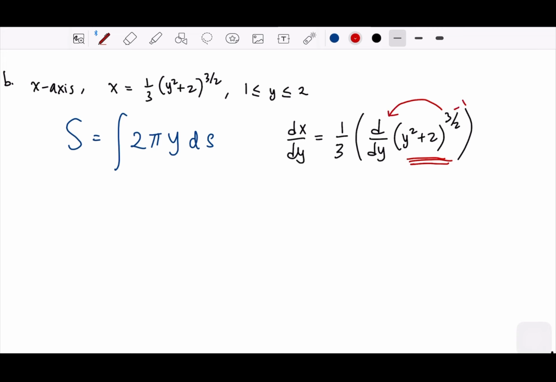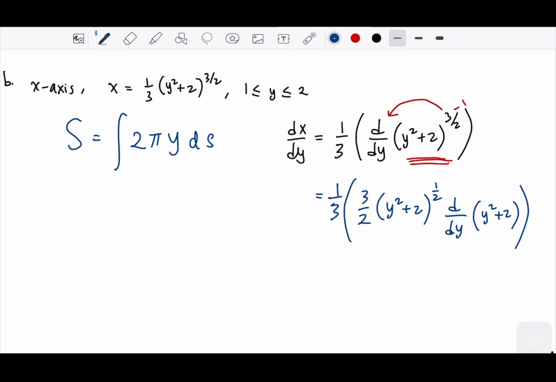And then don't forget to multiply by the chain rule. Let me write one by one, as a refresher of calculus one. So 3 over 2 goes here, (y squared plus 2) to the power of 3 over 2 minus 1, which is a half. And then the chain rule. I will write the process one by one like that. And then we can cancel that out.